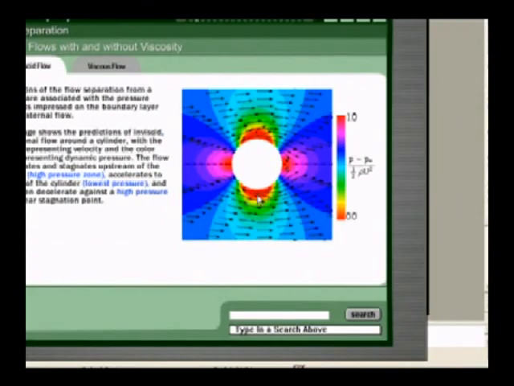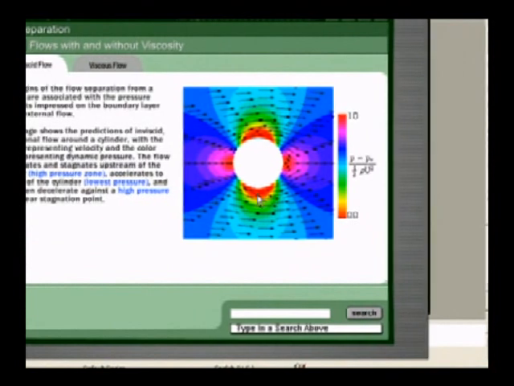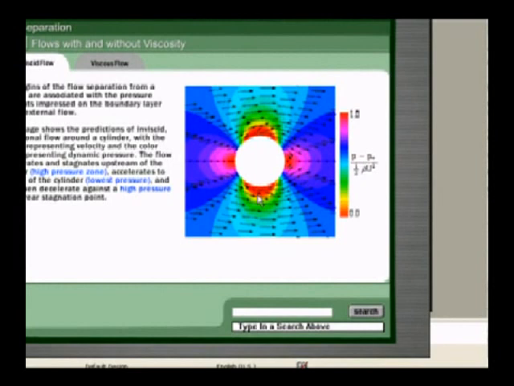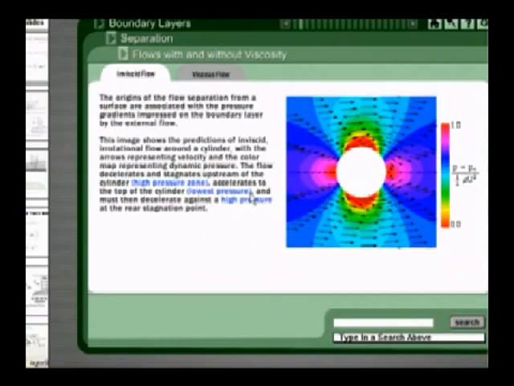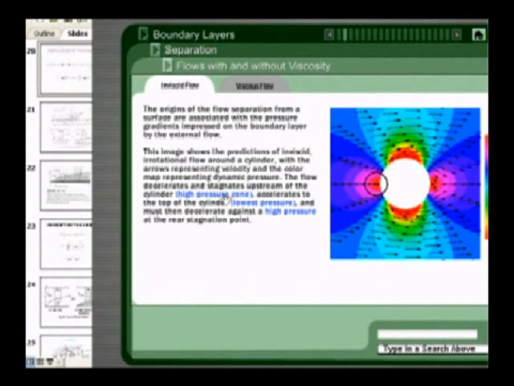Now in this video we have inviscid flow. Inviscid flow means the viscosity of the fluid is assumed to be 0. In that case, if we solve the problem for finding the pressure at different locations for flow over a cylinder, we will find that these are the high pressure zones.